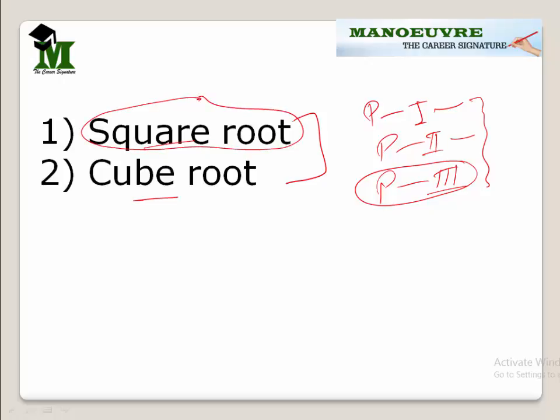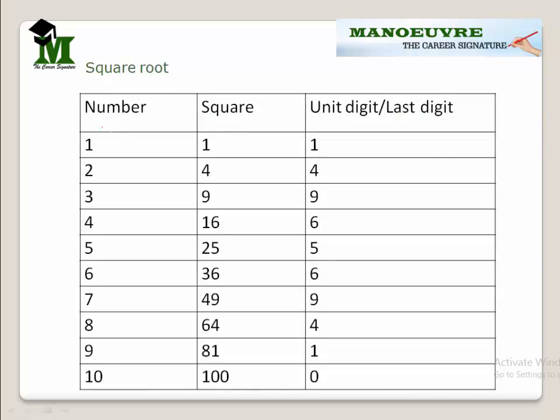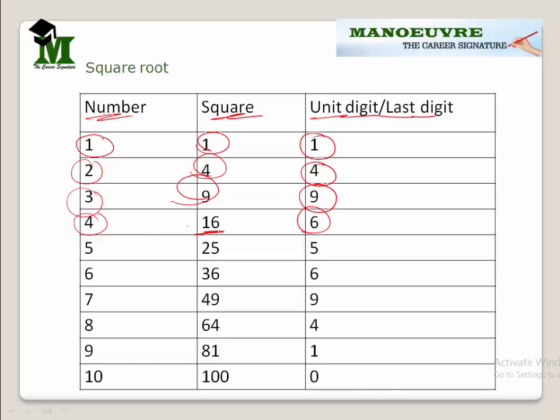Before we start solving square roots, we have to understand this table, where we have a number, its square, and the unit digit, which is the last digit. 1 square is 1, unit digit is 1. 2 square is 4, unit digit is 4. 3 square is 9, unit digit is 9. 4 square is 16, but unit digit is 6.